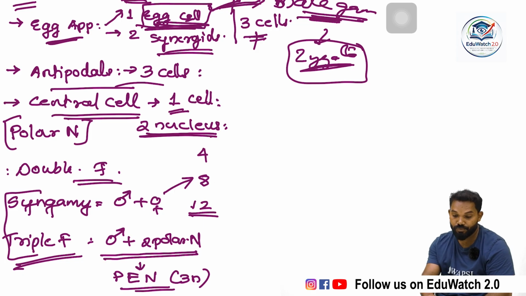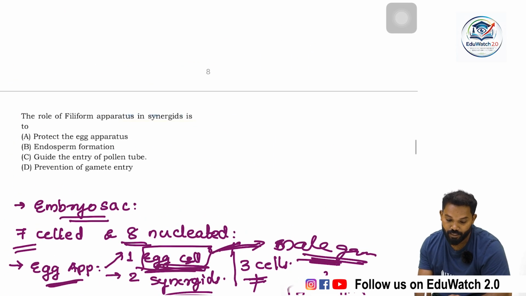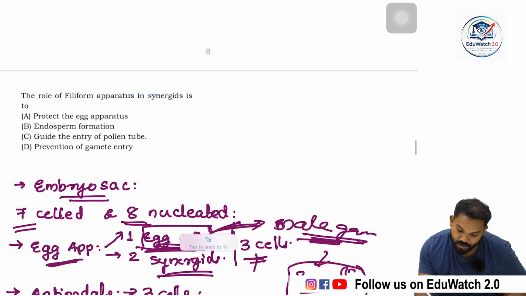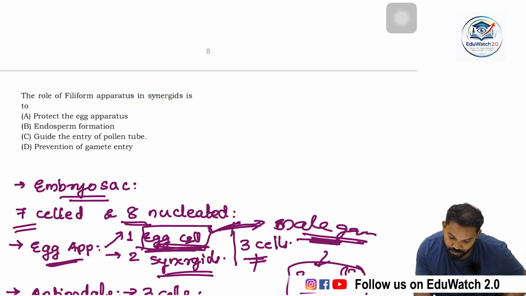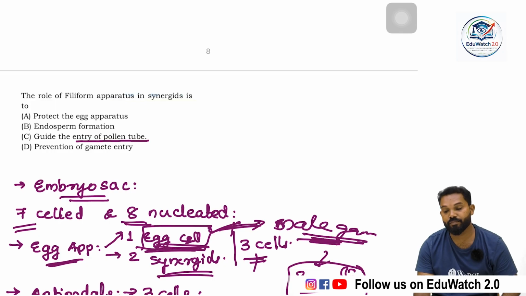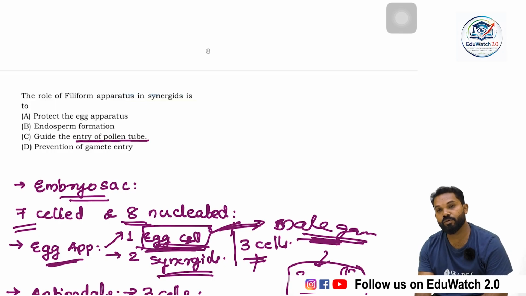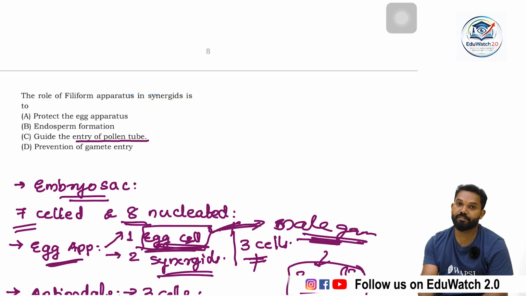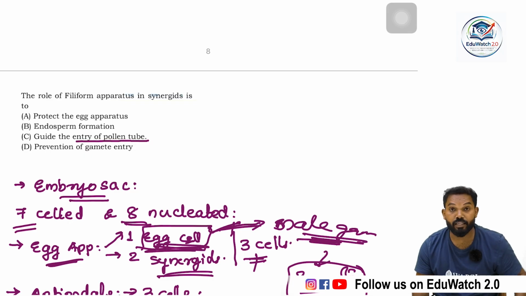The main function of synergid is that it helps in the entry of the pollen tube into the embryo sac, up to the egg cell. Synergids guide the entry of the pollen tube towards the embryo sac or egg cell.